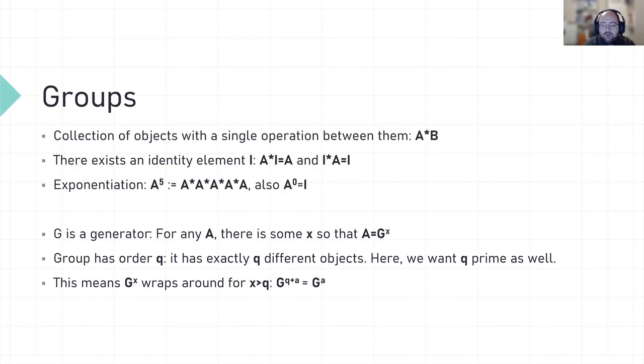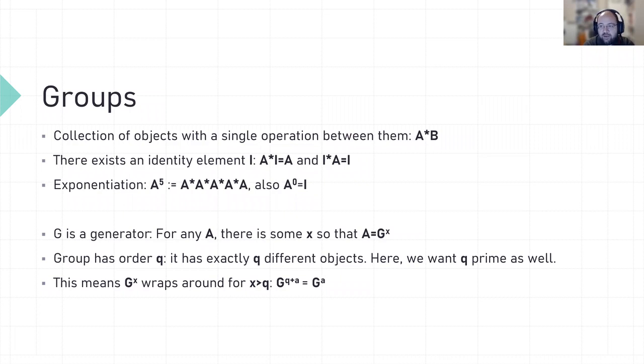So if we have two elements, A and B, we can multiply them together and we can produce a new element that is A times B. Now, a group will always come with an identity element, and the identity element behaves in the same way as the number 1 does in multiplication.